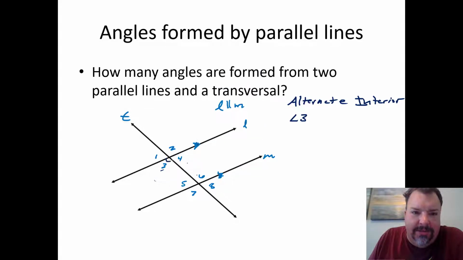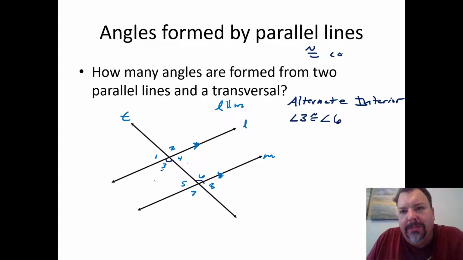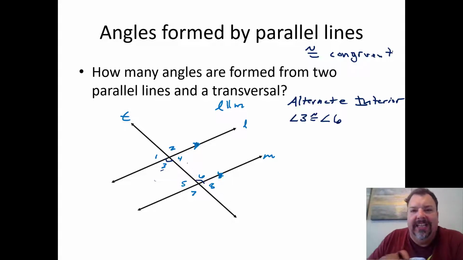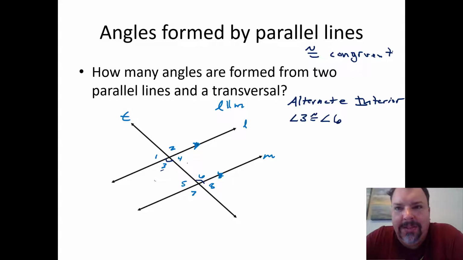And if you look at angle 3 and you look at angle 6, you should see that they look like they might be the same. In fact, angle 3 and angle 6 are congruent. And this little equal sign with a little squiggly above it is the symbol for congruence. Congruence means that they're exactly the same. So when we say that two things are congruent, we mean that they exactly match up in shape or size.